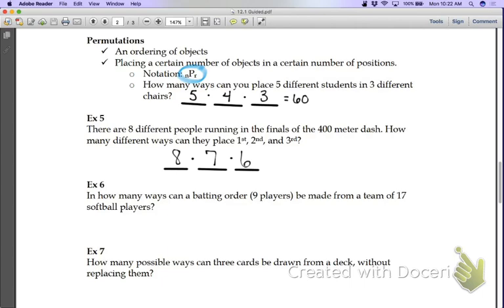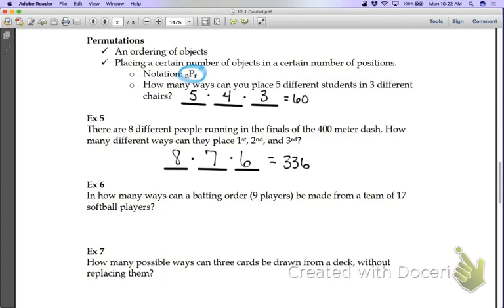So 8, 7, and 6. They ran the 400-meter dash the other night. All lanes were full. There were 336 different ways that race could end.